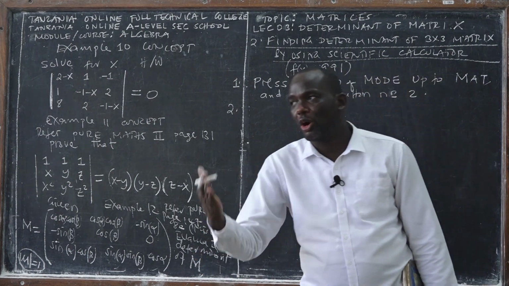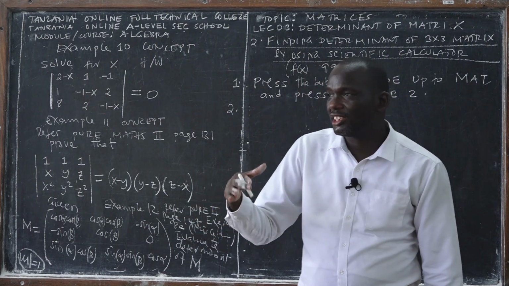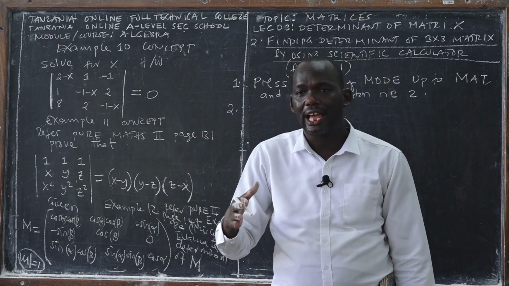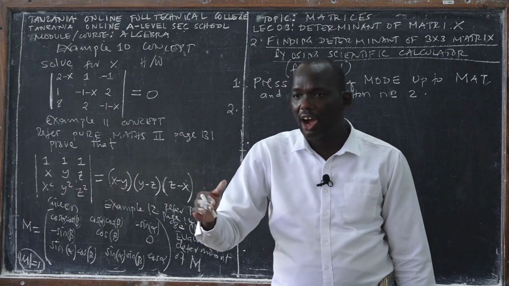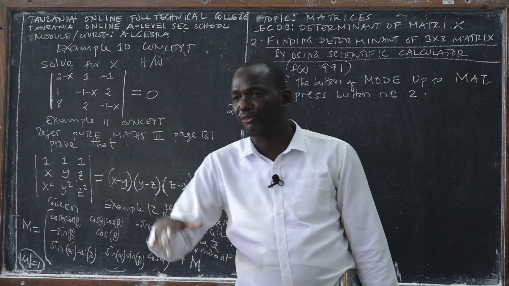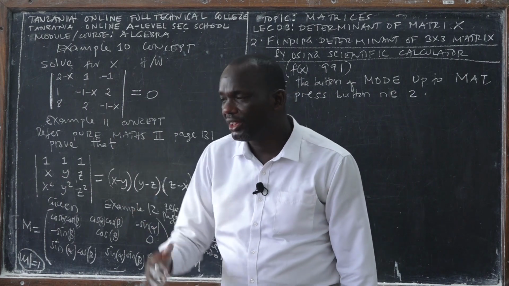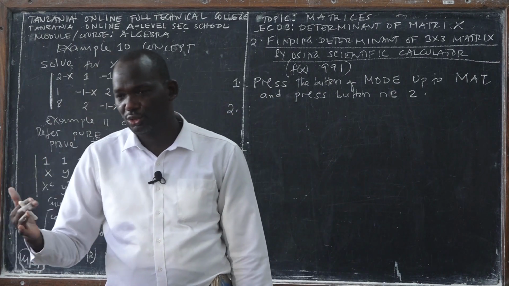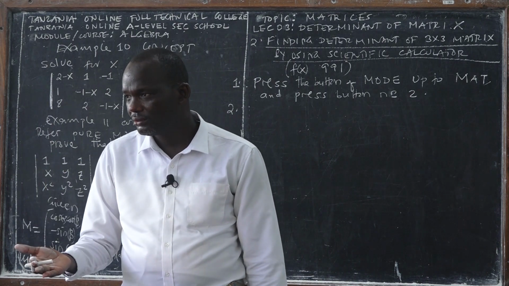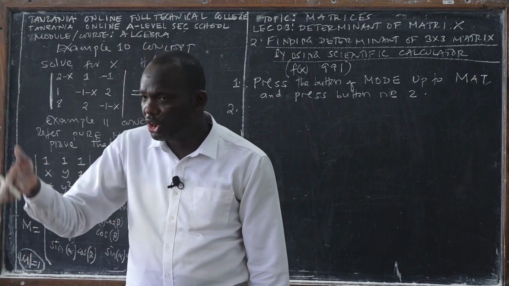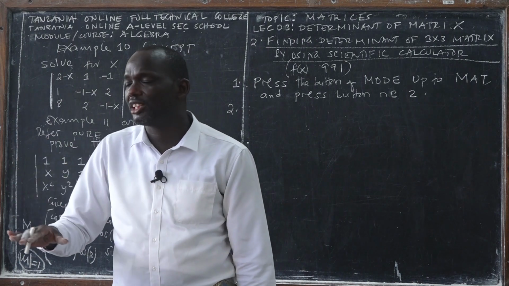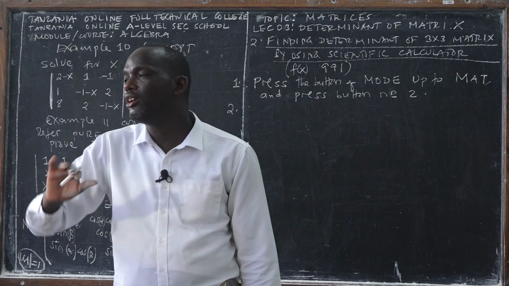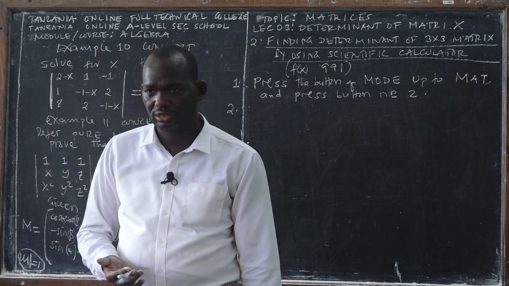So you have been given an option to set the scientific calculator to a particular type of function. Right now, you are transforming your calculator from normal computation into matrix to solve matrix equations. That's why you press MODE 3 times until you see matrix. So your calculator now can solve different problems of the matrix.